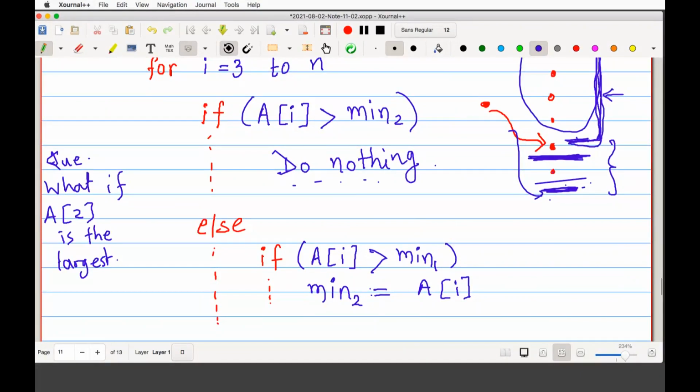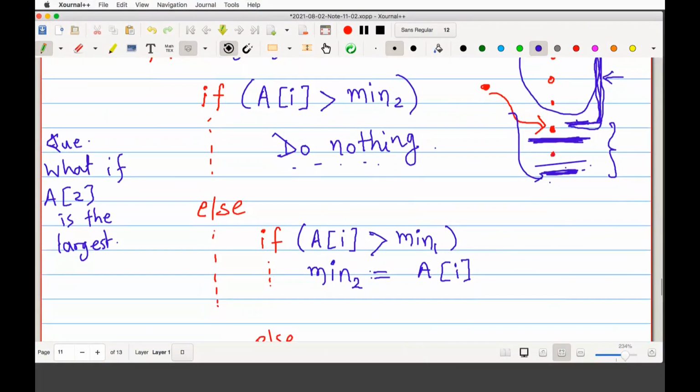That means we will always fall into the else case, right? And that means we will always make two comparisons, right? So this is like the worst case, right?